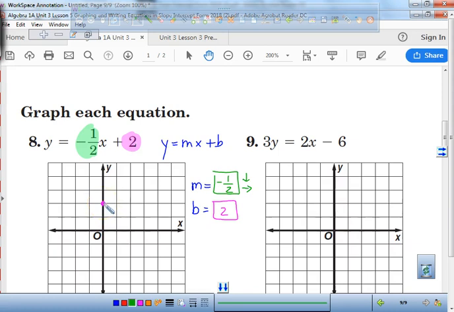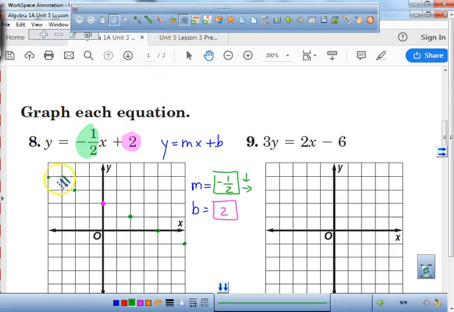Give me instructions, Jordan. Now be more specific. Down 1 and over 2 to the right. That's right. Now from here I could go up 1, but I have to go over 2 to the left. Here's your answer.